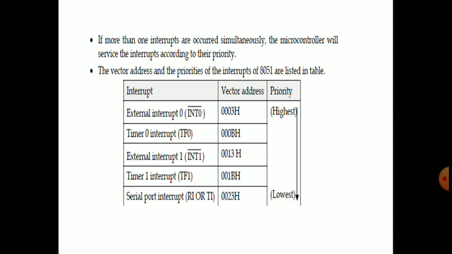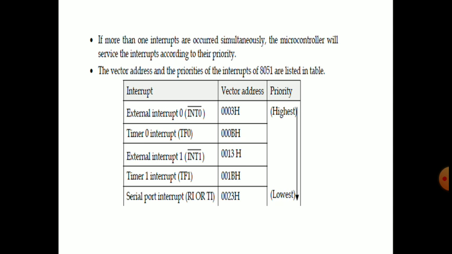See the interrupts: external interrupt 0, INT0 bar; timer 0 interrupt, TF0; external interrupt 1, INT1 bar; timer 1 interrupt, TF1; and serial port interrupt, RI or TI. In the parentheses are the pins or bits of those interrupts. In the previous lectures we saw EX0, EX1 and so on; those are just the names.